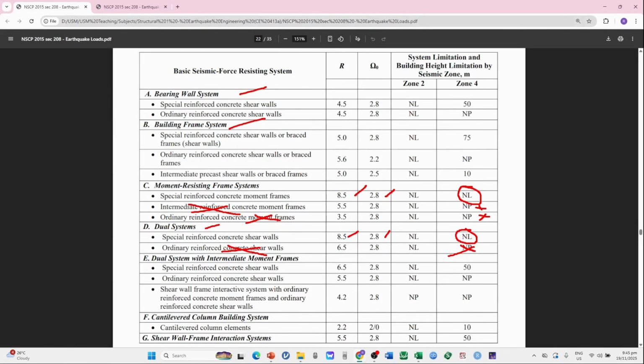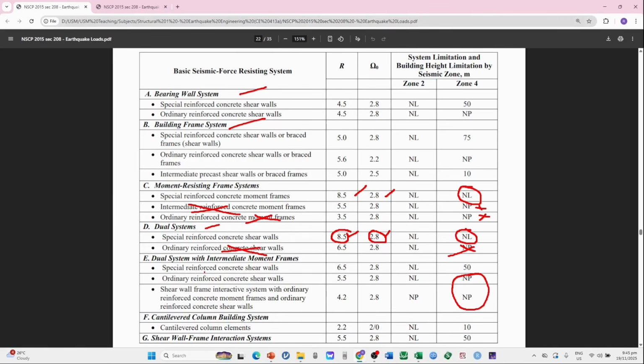So remember that. So dual systems with intermediate moment frame, so mostly not permitted. And for special reinforced concrete shear walls, if the system has intermediate moment frames, no. So this one, the dual system here, is special moment frames. So we can only use this if we have moment frames that is special reinforced.